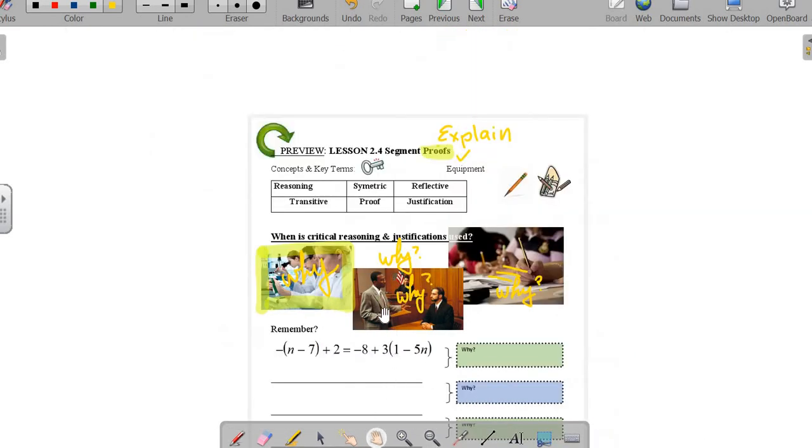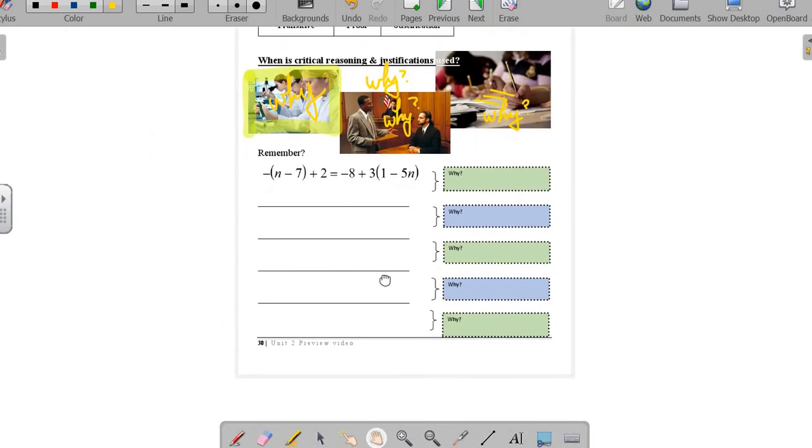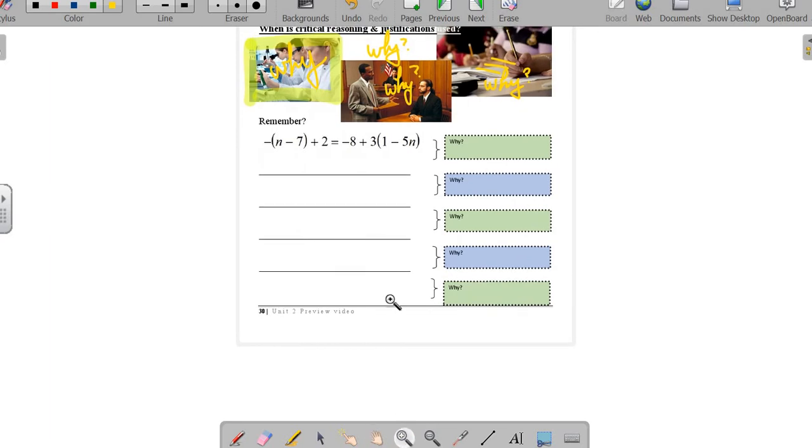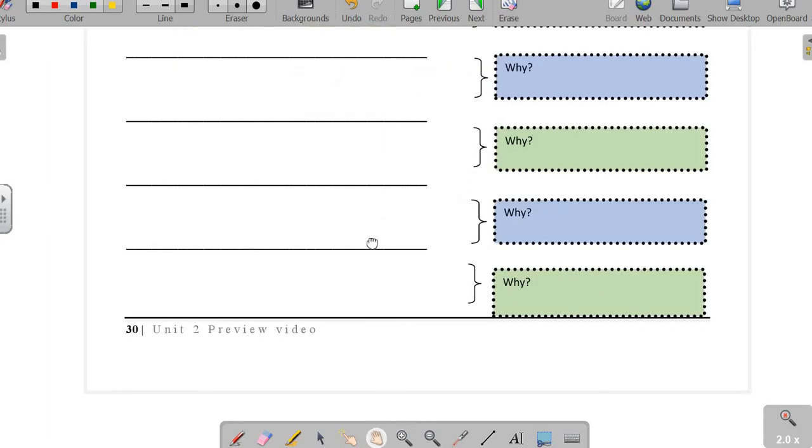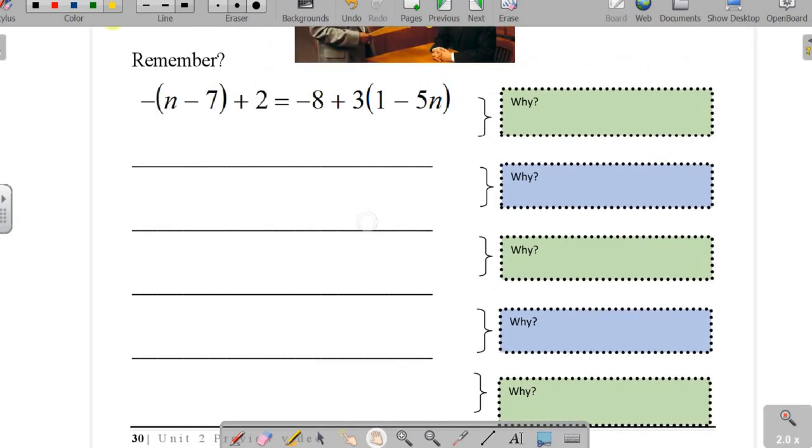We already did a version of this using algebra. Let's solve this problem on the left together.